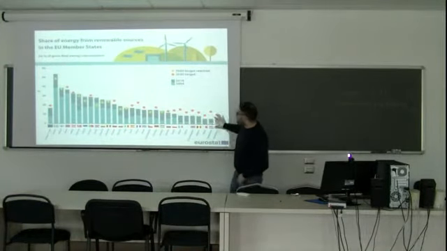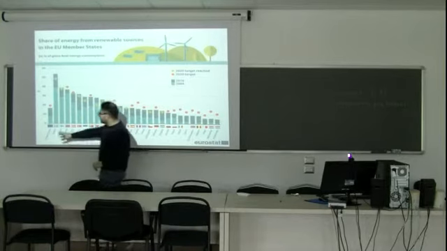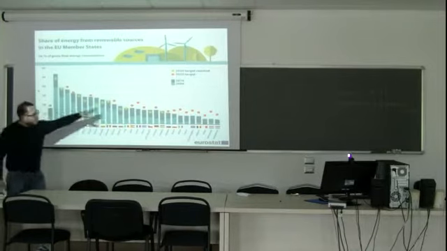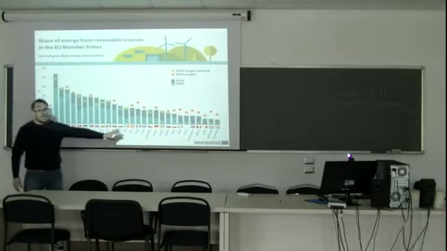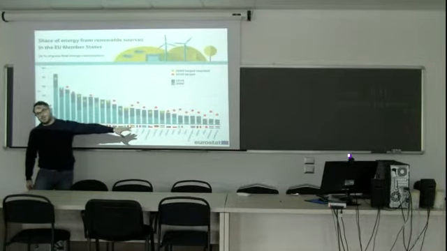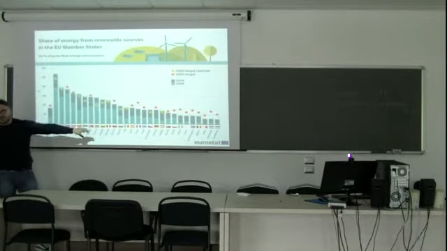This is the graph in which we can see the European Union share. The goal is 20% of renewable energy. This 20% goal is shared with all the European countries of our continent. Okay?